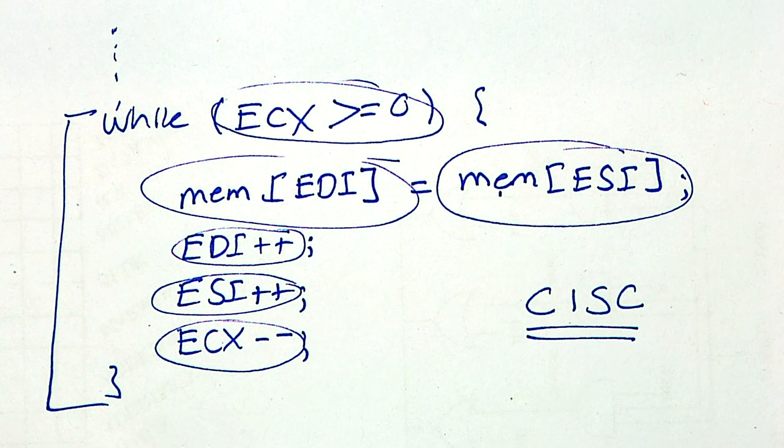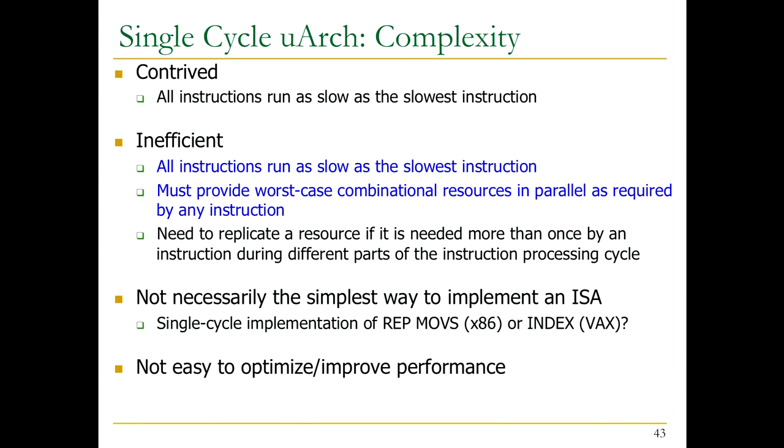Okay, let's go back to, if we can. Okay, good. So there are other instructions like this. VAX, virtual address extensions. This is before Alpha, Digital Equipment Corporation, had this ISA. It had an index instruction. That's another complicated instruction.